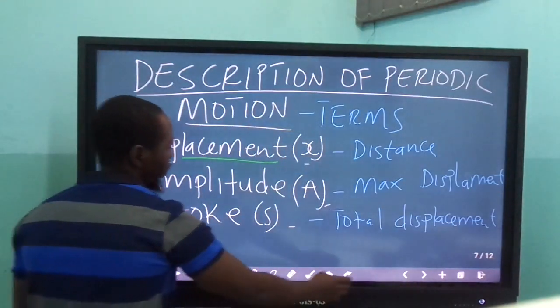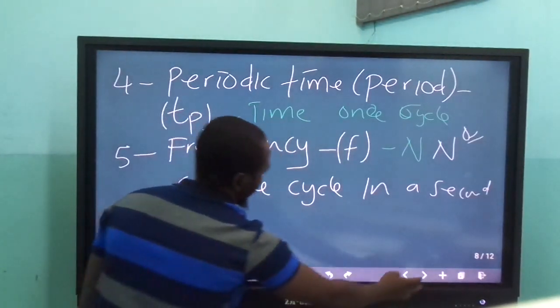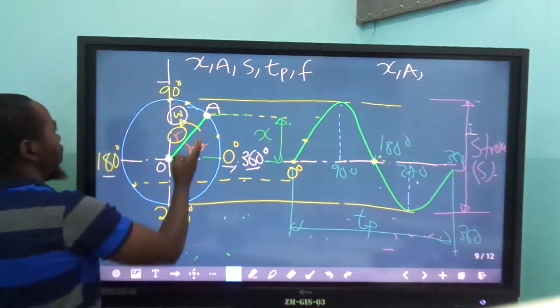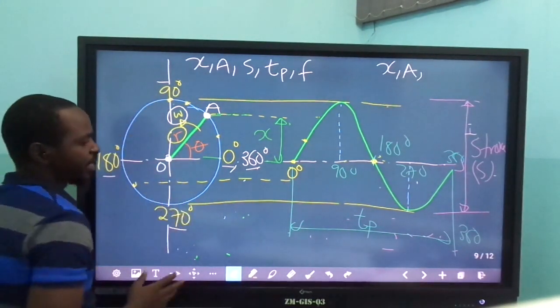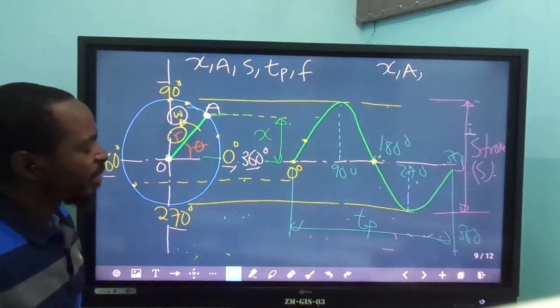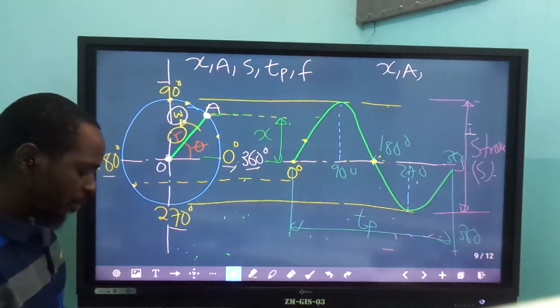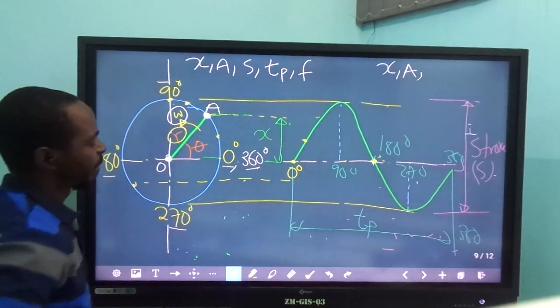Okay, so if this makes 50 oscillations in a second, then the frequency is 50.